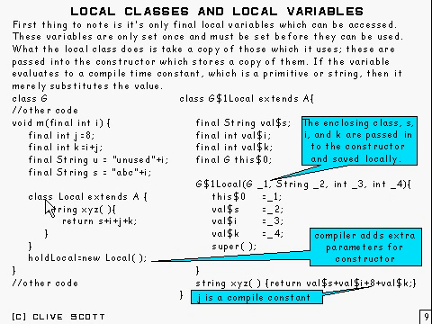Now, because this is a non-static local, it's going to need an instance of the enclosing class, the enclosing instance being of type G.